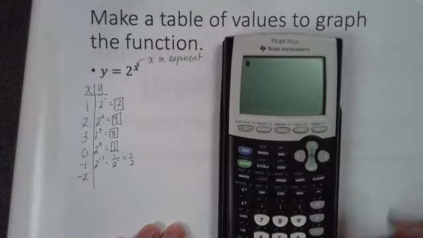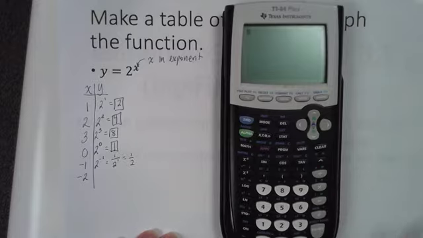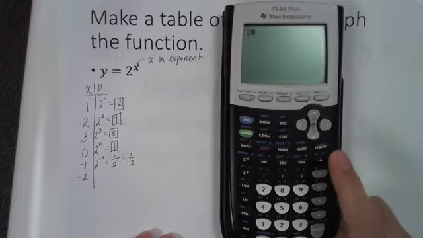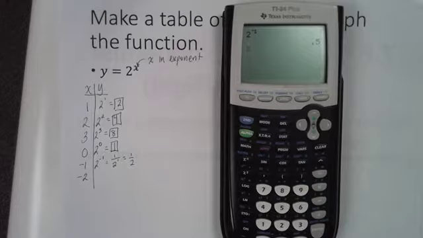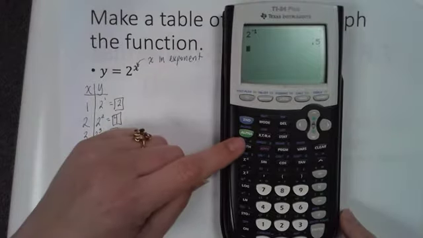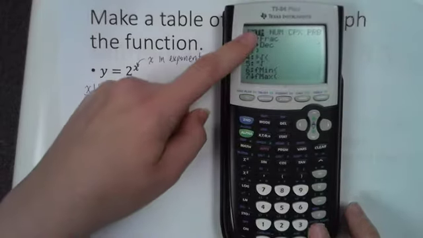So, ladies and gentlemen, let's just make sure we all know how to do this on our calculator. If you do 2 to the -1 power, and then you hit enter and you see a decimal, that's not what we have. How do we fix that? Math bracket.